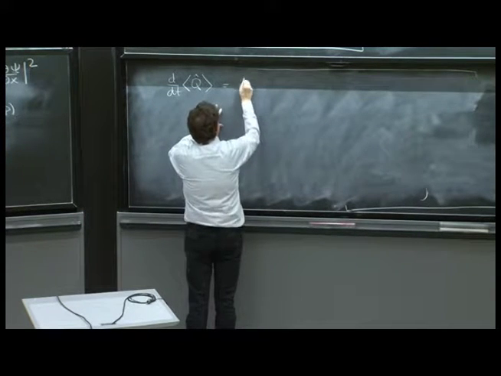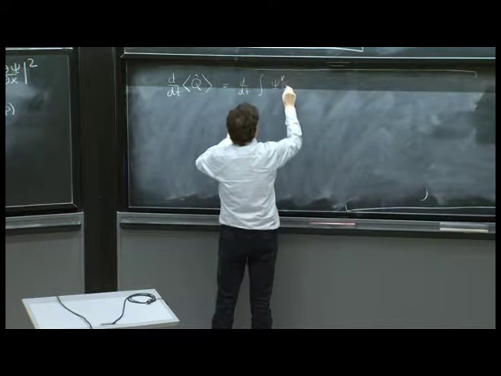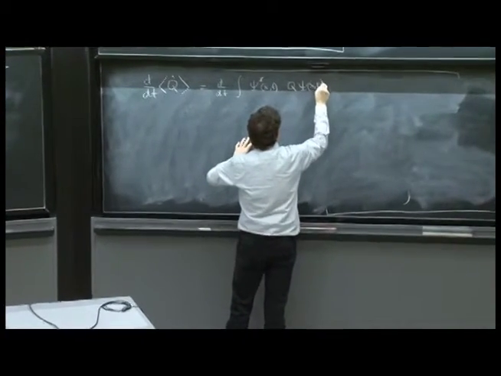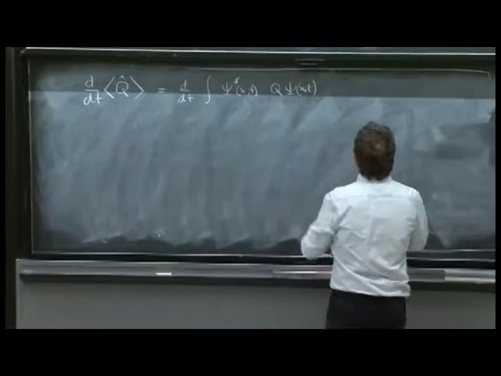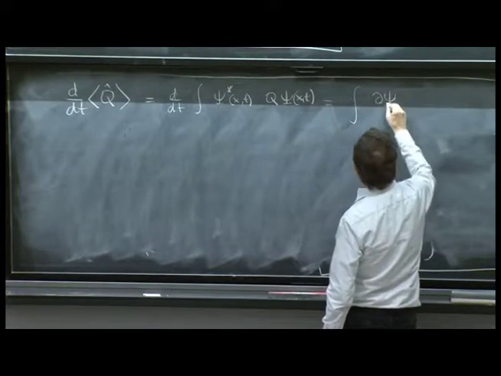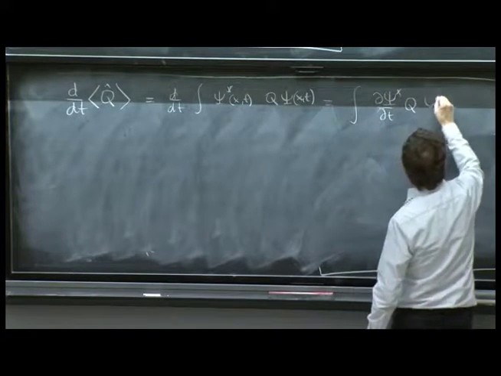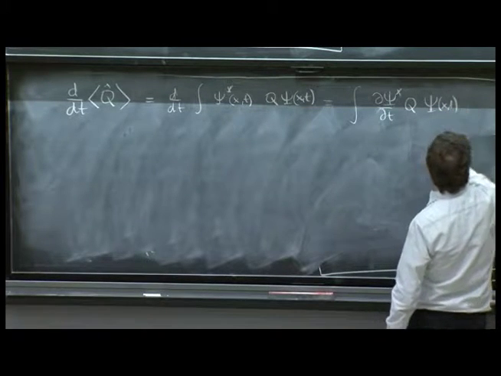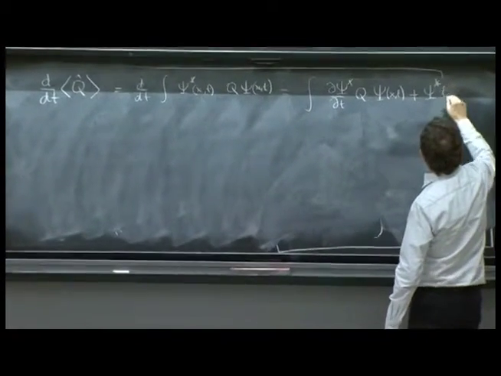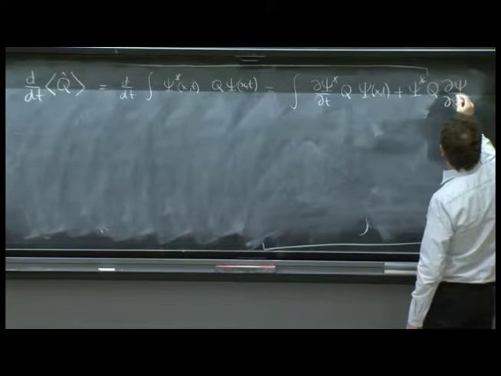Now, this would be d/dt of the integral of psi star of x and t, q, psi of x and t. And the d/dt acts on the two of them, so it gives you the integral of partial psi star/dt, q, psi of x and t, plus psi star q partial psi/dt.